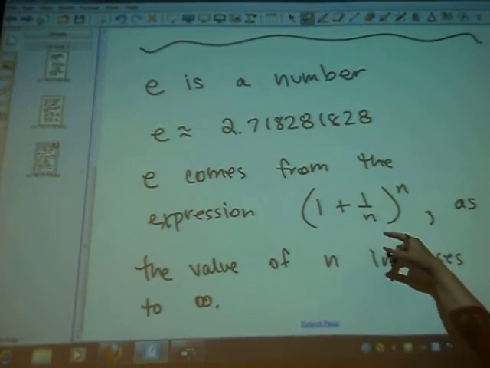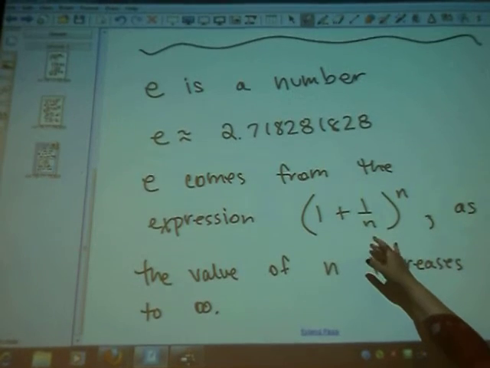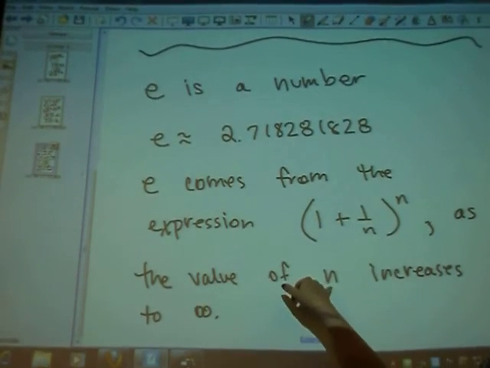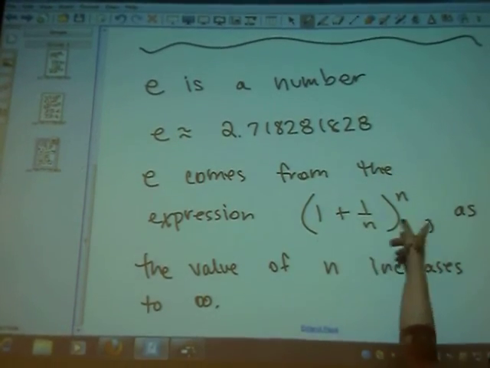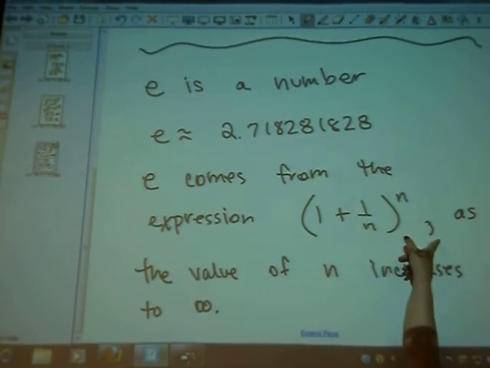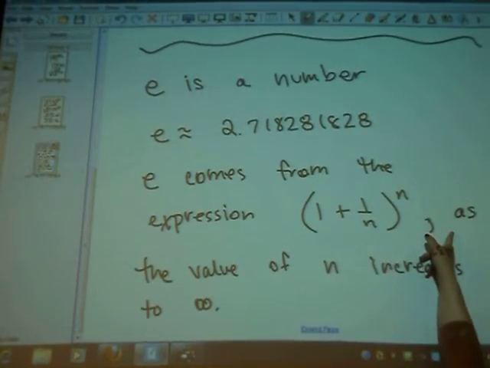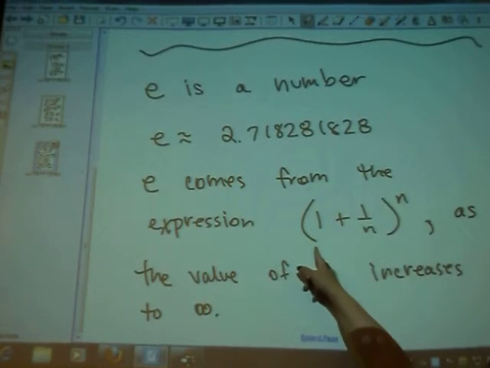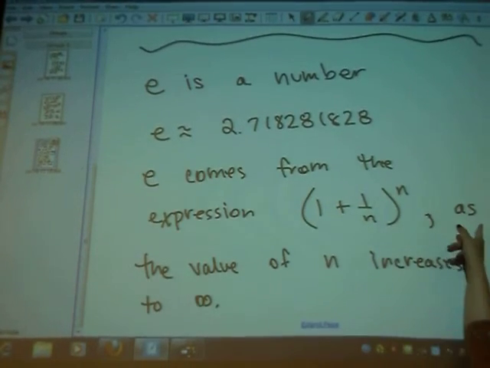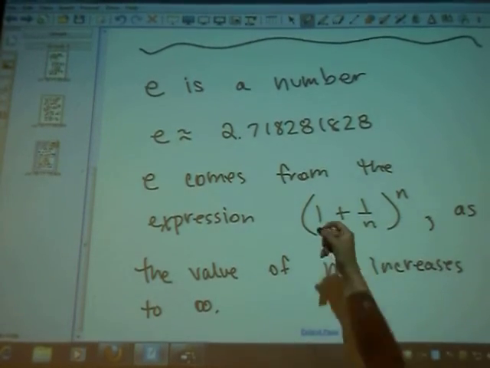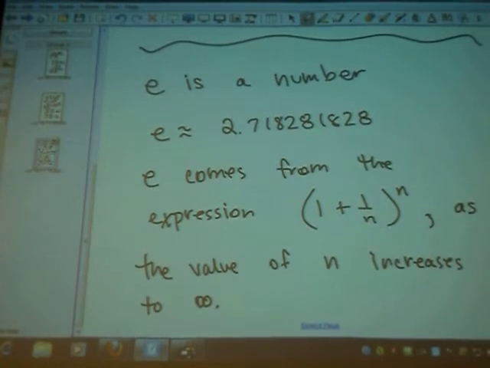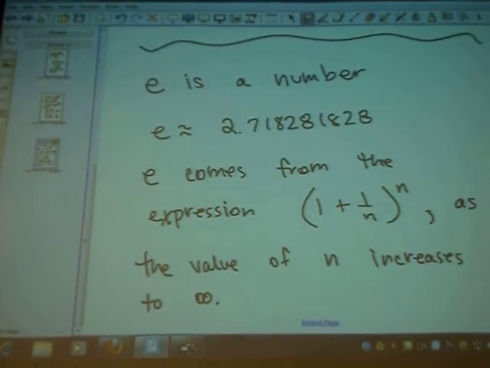It reaches what's called a limit in calculus. It gets to a point where you can keep increasing your n, but this thing does not get bigger. It stays the same. And that number is e. The point where it stops getting bigger, that's your value of e. And we can try it if you guys want to.